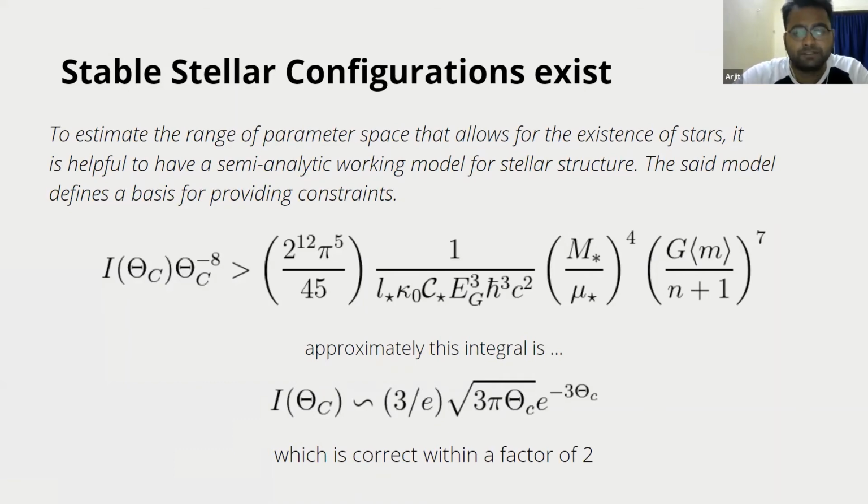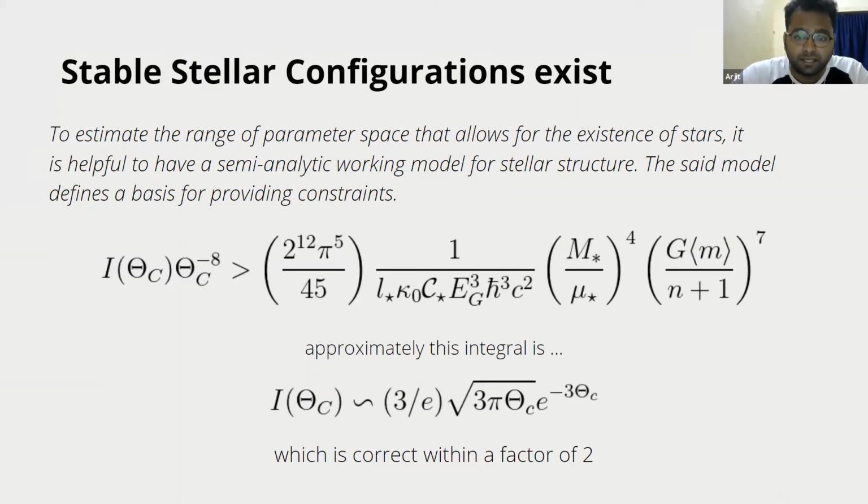Average of M is the mean mass of the particle that makes up the star. We usually take that to be the mass of a proton, as the star consists of protons only. N is the polytropic index, and we take it to be 3 by 2. Kappa naught is the stellar opacity scale.